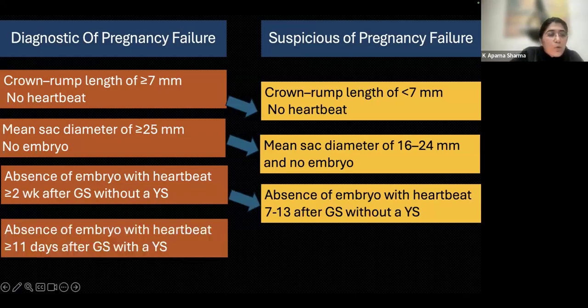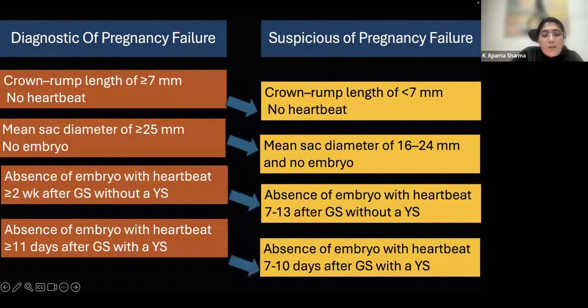And absence of embryo with a fetal heartbeat more than 11 days after a gestational sac with a yolk sac is diagnostic, and similarly, the corresponding suspicious finding would be between 7 to 10 days after a gestational sac with a yolk sac. I think this table can help us remember and make a definite diagnosis of a miscarriage or no miscarriage.